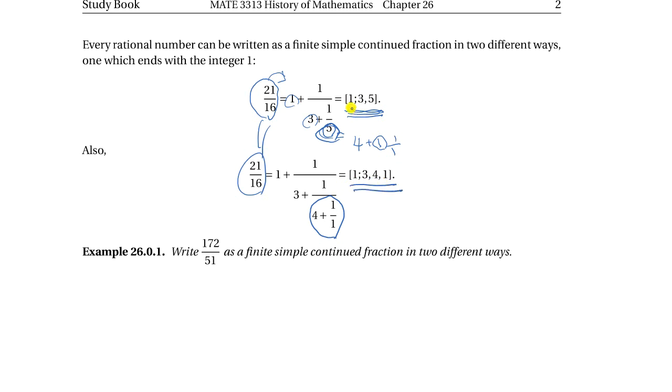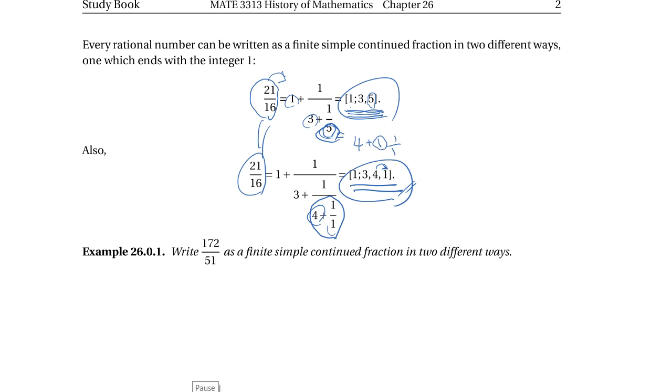The first one is 1 semicolon 3, 5. The other is 1 semicolon 3, 4, 1, where we separate the 5 into 4 and 1. It always ends in 1, but it's the same number, just a slightly different notation.